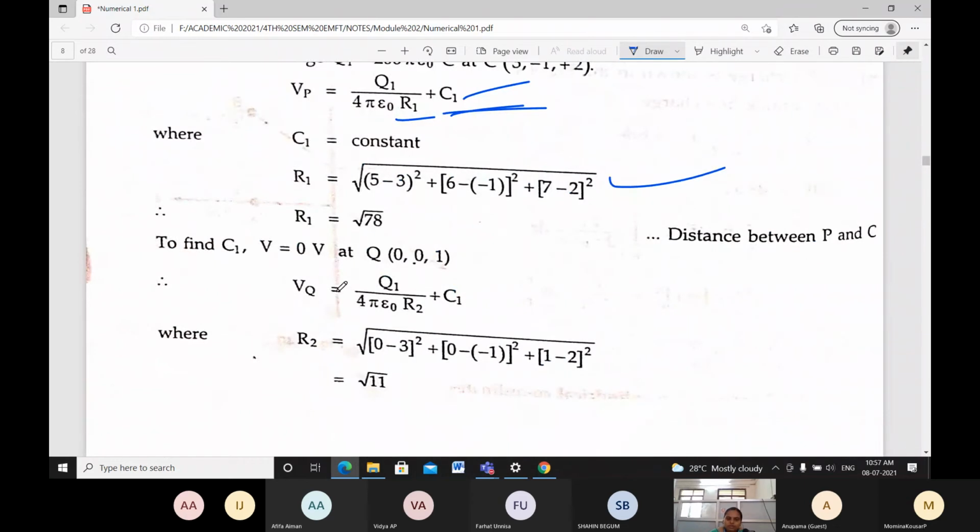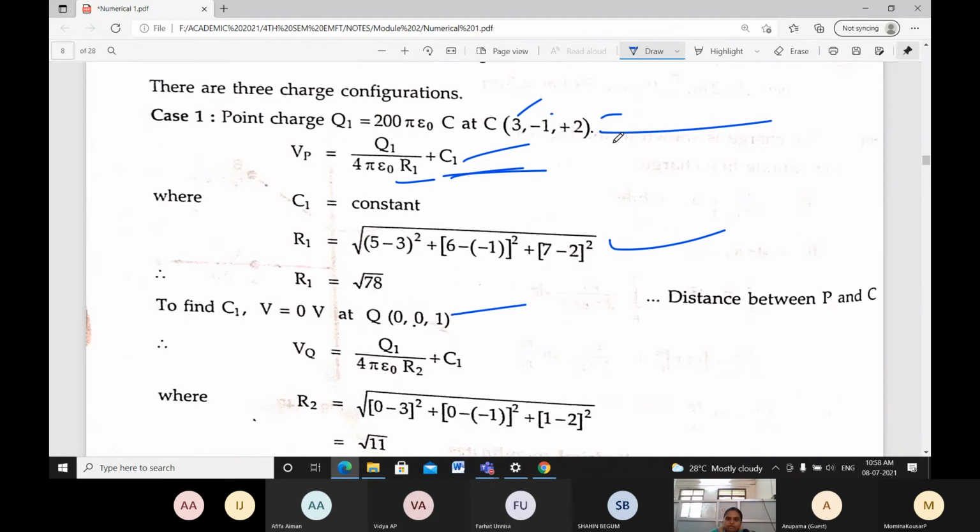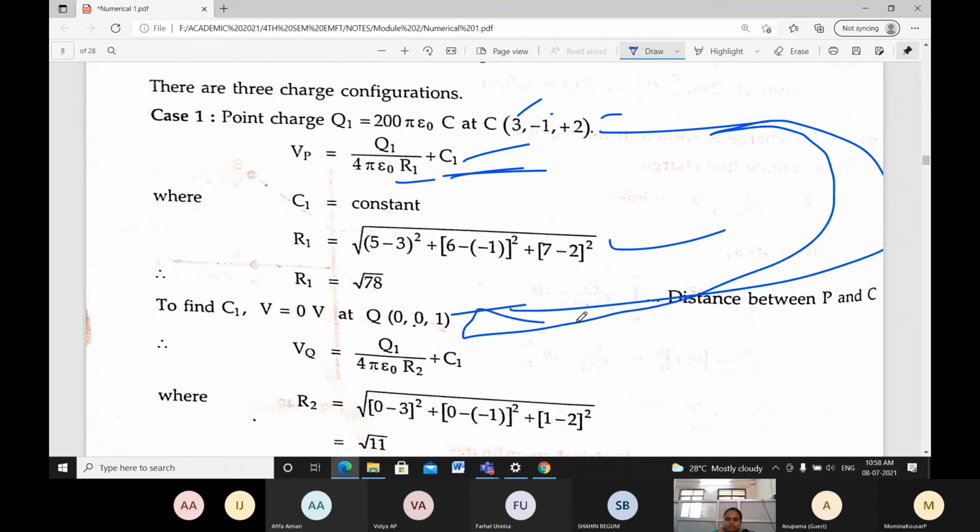Therefore, VQ is going to be Q1 divided by 4 pi epsilon naught R2, observe here, 0, 0, 1. Now, this 0, 0, 1 with respect to this distance.